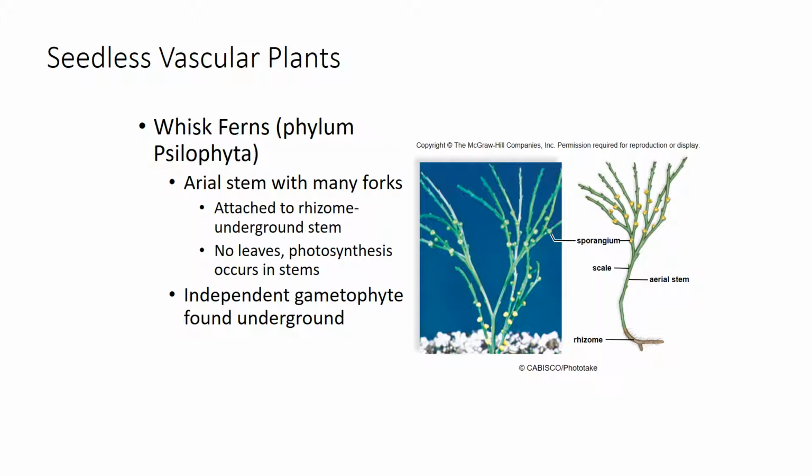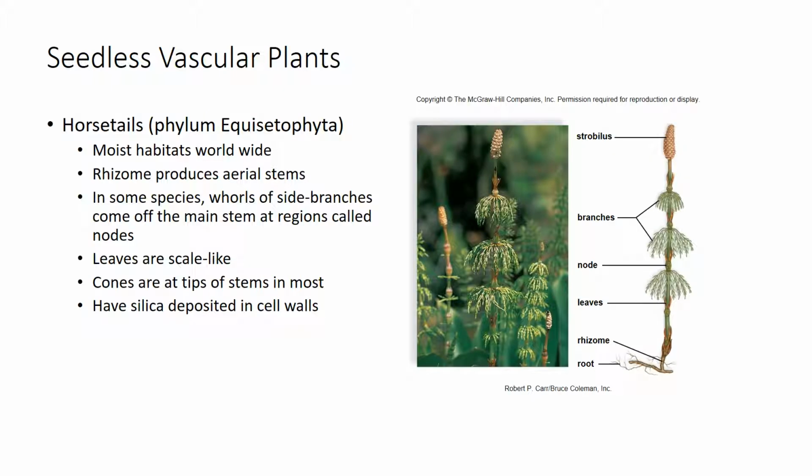They're whisk ferns. Now, horsetails, this always looks like a weed to me, but they live in very moist habitats. The rhizome, or the horizontal stem, is going to make these aerial stems that go straight up, and the leaves are kind of scaly.